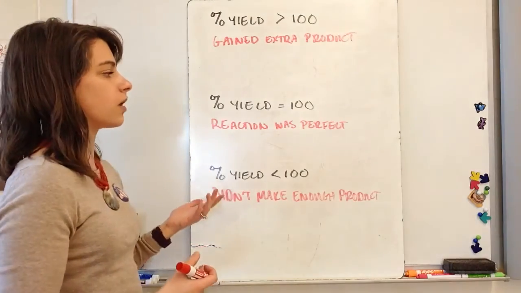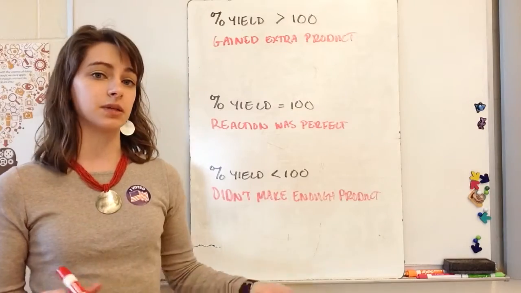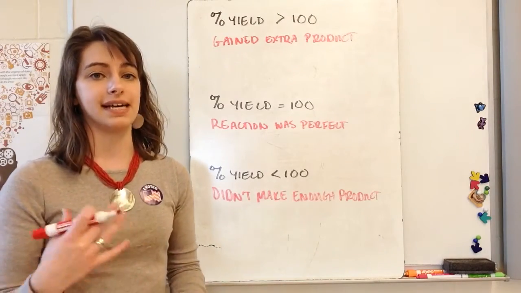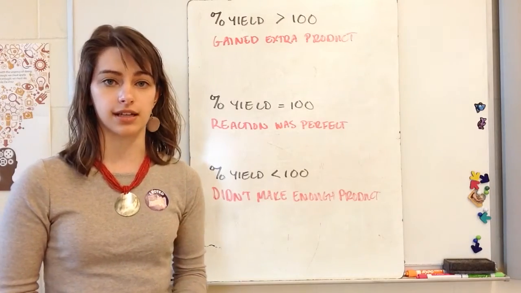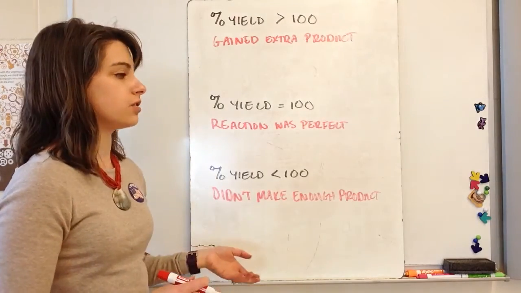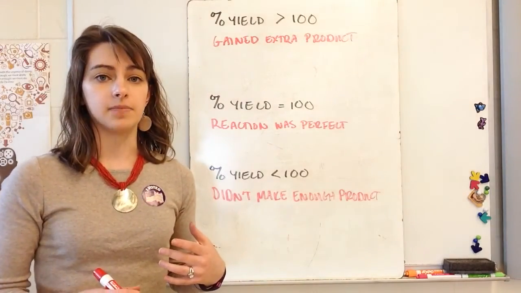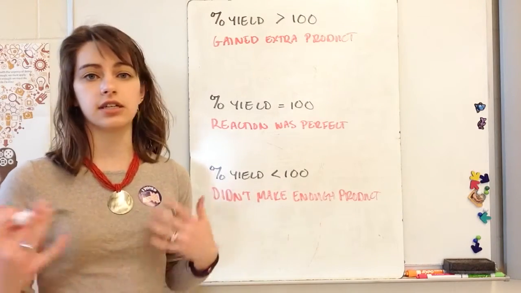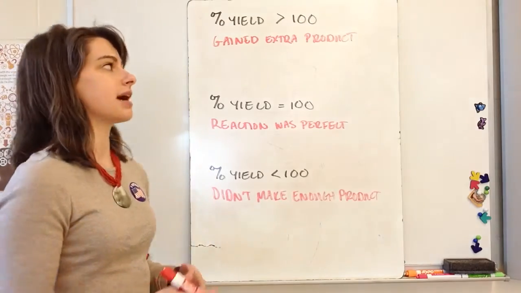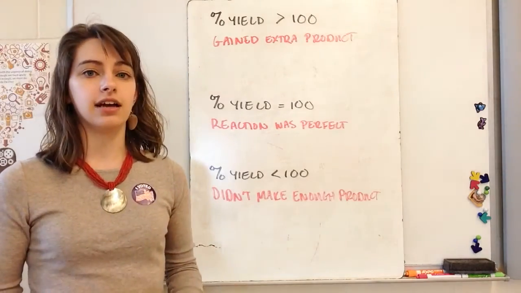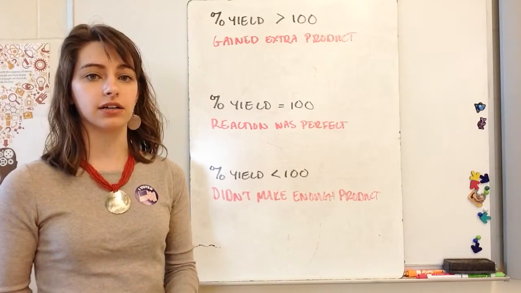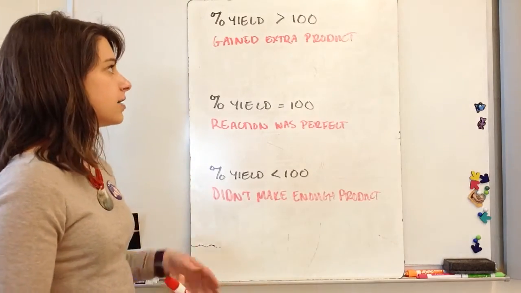Maybe if you're massing a product and your product's not completely dry, you're including some water in that mass. So your mass is going to be higher. It's going to look like you have more product than you actually do. Maybe you accidentally spilled something into your product. When you were cleaning, rinsing, doing something in lab, you might have inadvertently added some other compound to your product, which would again make the mass seem higher than it originally should have.